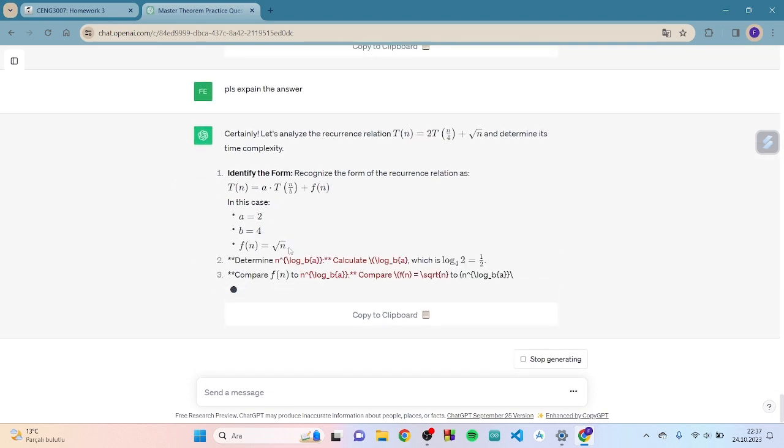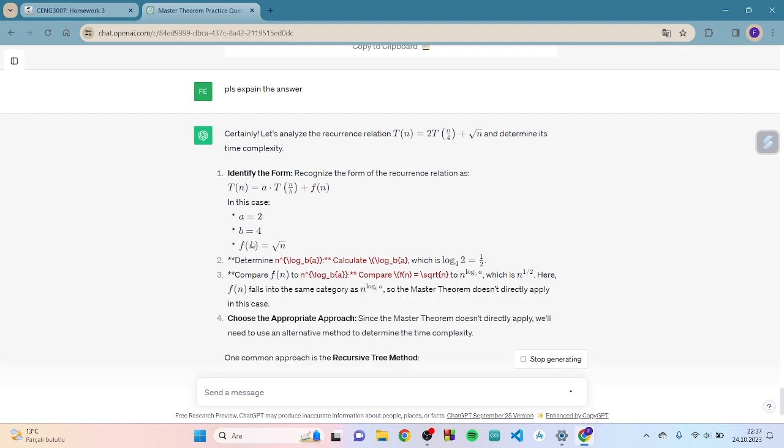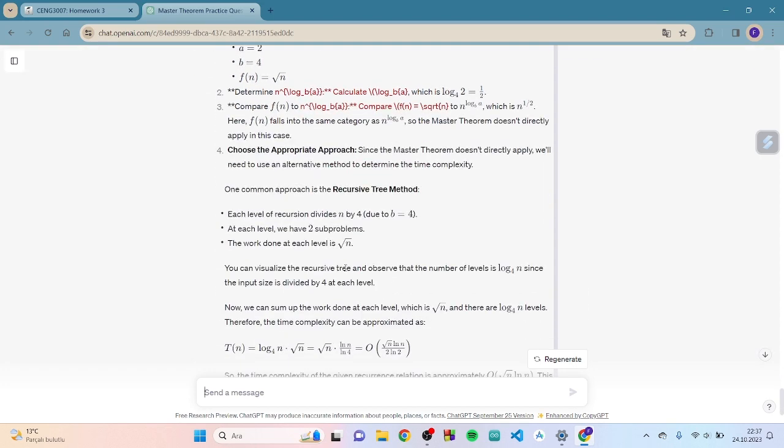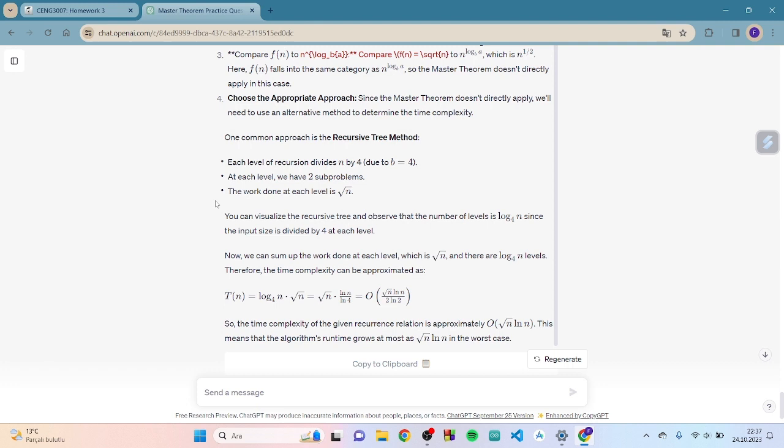Okay, I know this one. I said this one. a is 2, b is 4, and f(n) is n square root n, and recurrence tree method. Each level of the recurrence divides n by 4 and b is 4. At each level we have two sub-problems and work done at each level is n square root n, and you can visualize the recurrence tree.